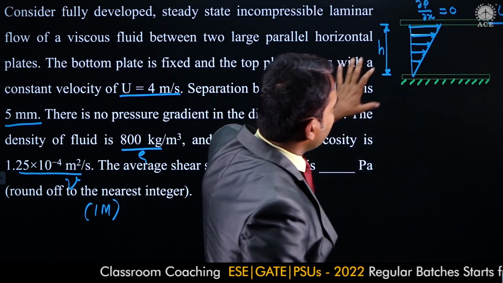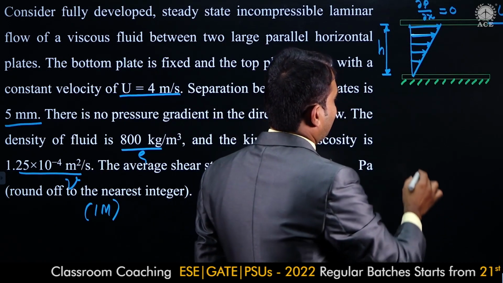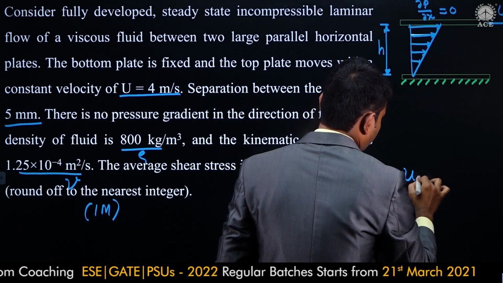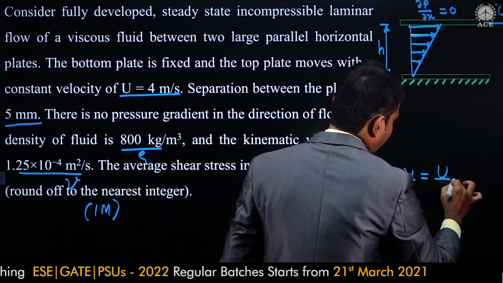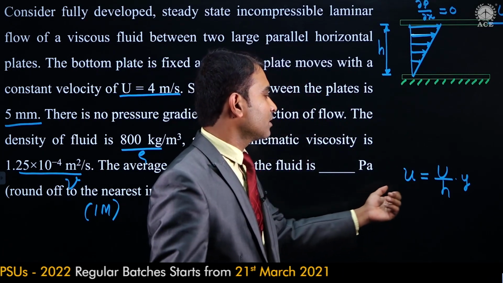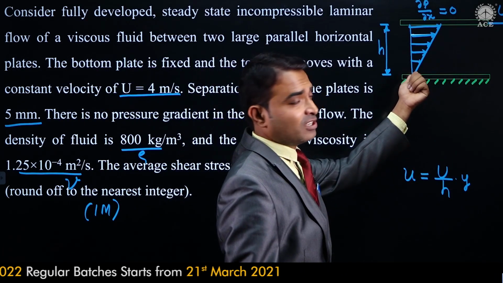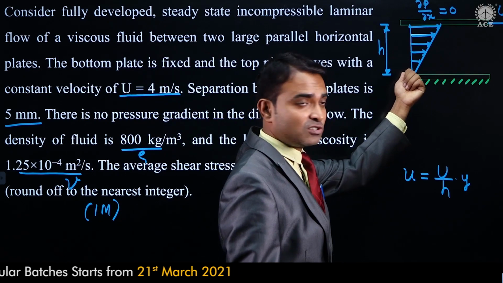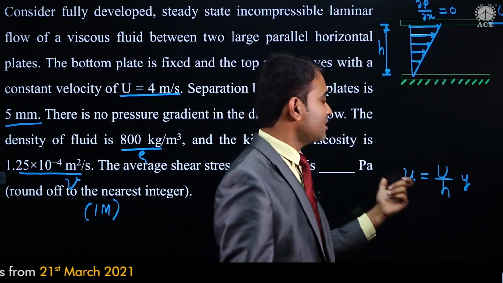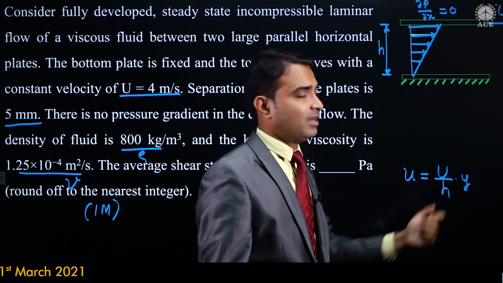So for that you will get linear velocity profile. So equation of velocity profile will be U is equal to capital U divided by H into Y. Okay. When Y is equal to 0, velocity is 0. Due to no slip condition here, velocity has to be 0. When Y is equal to H, velocity becomes capital U. So this is the equation of linear velocity profile, right?